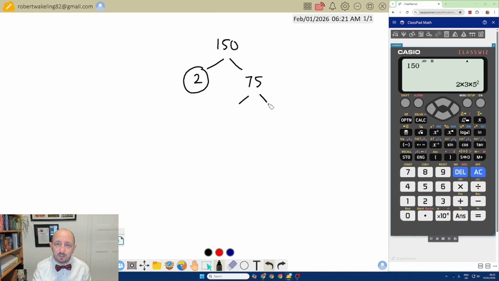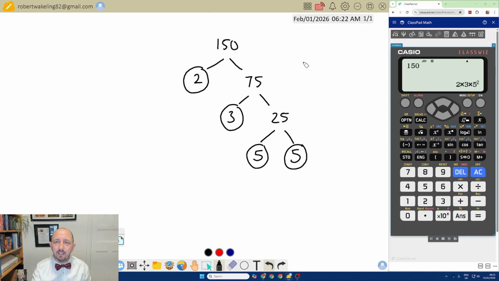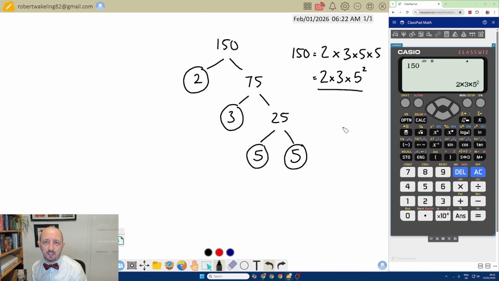Then I can look at my cherry and see I need 3 next. 75 divided by 3 is 25, and then 5 squared, yeah, that works, 5 and 5. So we express this as the product of the cherries, 2, 3, 5, and 5. There are my 4 cherries, and then the duplicates, I've got 5 squared, and that matches my answer exactly.